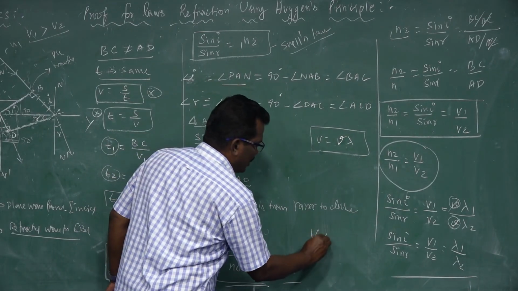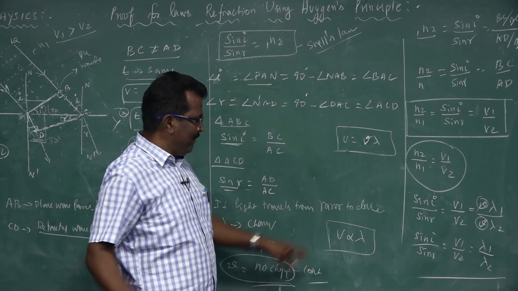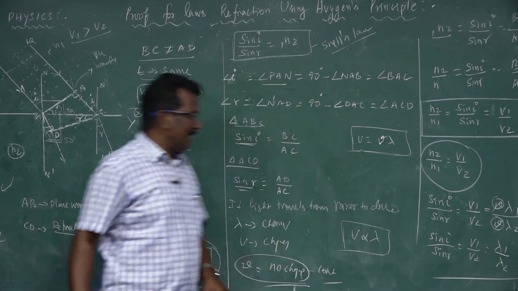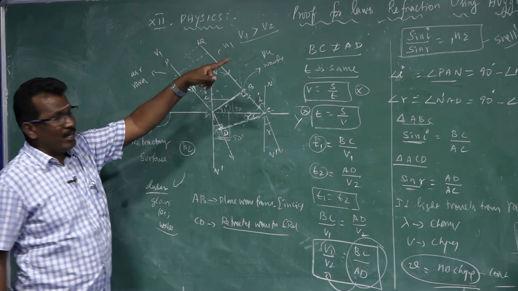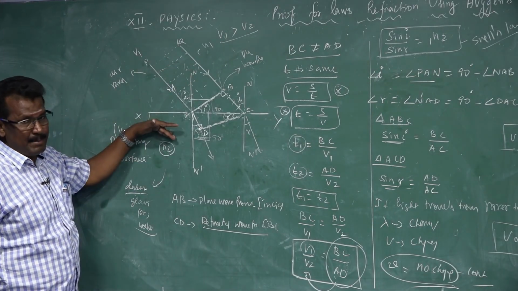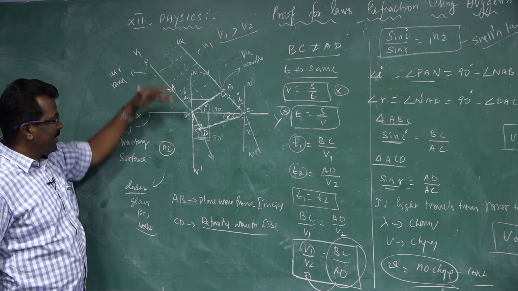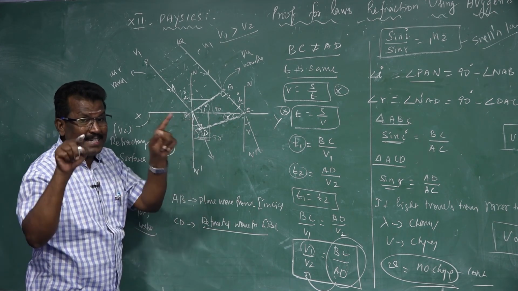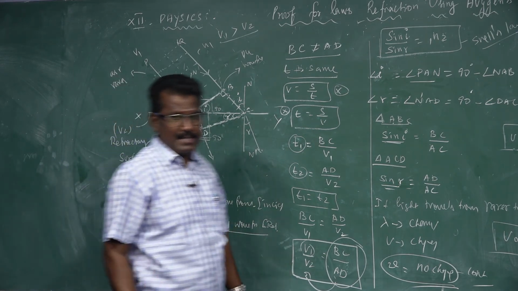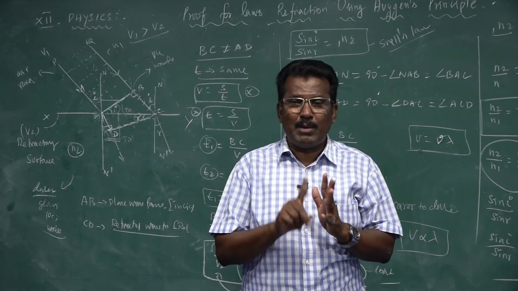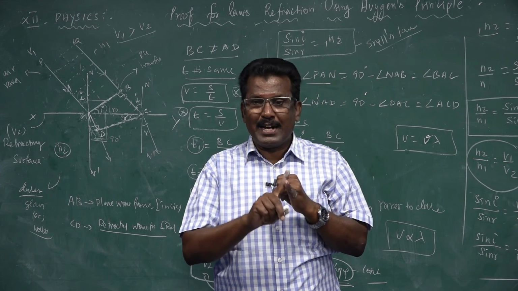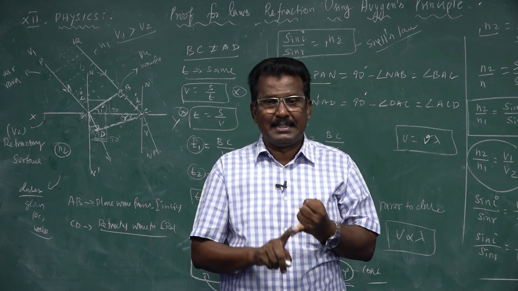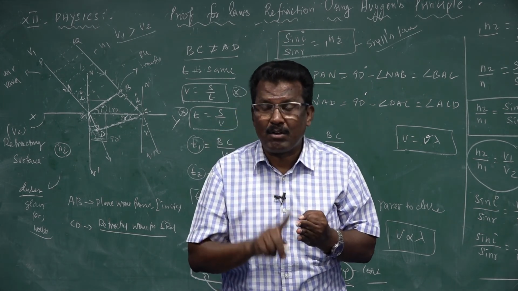So V is proportional to lambda. Where the velocity is greater, the wavelength is also greater; where the velocity is lesser, the wavelength is also lesser. In the rarer medium, according to wave theory, the velocity is greater than in the denser medium. If light travels from rarer medium to denser medium, the velocity decreases, and the wavelength also decreases, but the frequency remains constant.